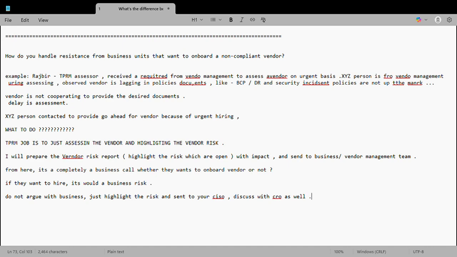Now it's the business's call. If they have urgency or want to go ahead with the vendor, they are directly taking a business risk for the same. So this is how you can manage the resistance of the business in critical vendor onboarding, or if they are forcing you to approve non-compliant vendors.